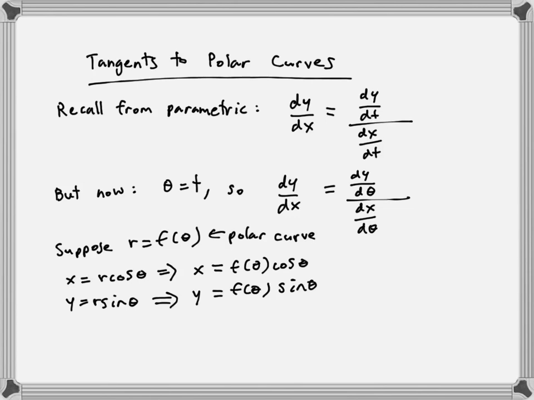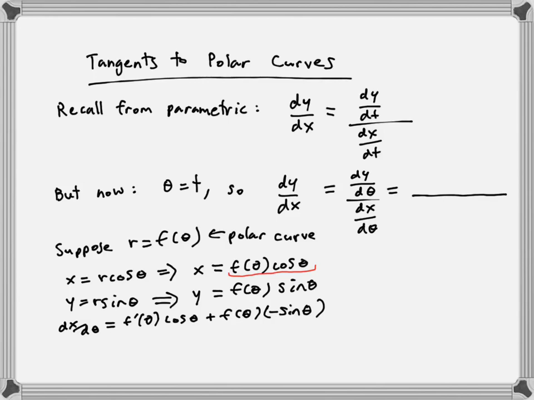So what would dx/d theta equal? Well, that means we're taking the derivative of this with respect to theta. We need to use the product rule, right? So we end up with the derivative of the first, f prime of theta, times the second, plus the first times the derivative of the second, so that's negative sine theta. And so I'm going to start writing what this fraction is.